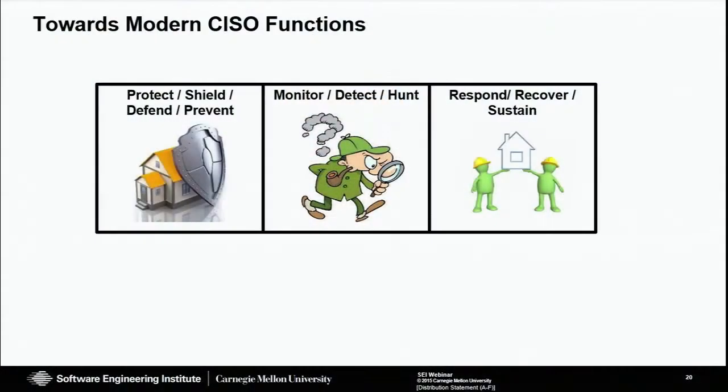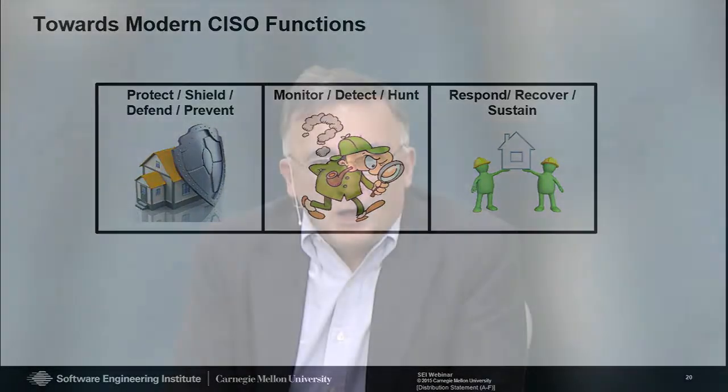And therefore, a very critical third function for the information security teams to be fully involved with is to respond, recover, and sustain operations once bad things happen. Incident response type activities, being involved in business continuity, being involved with disaster recovery, having coordinated efforts to respond and recover from cyber intrusion effects.